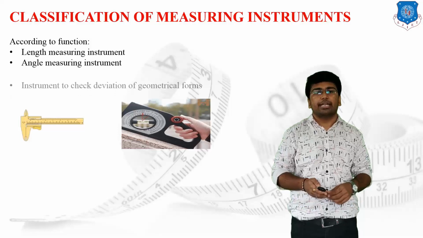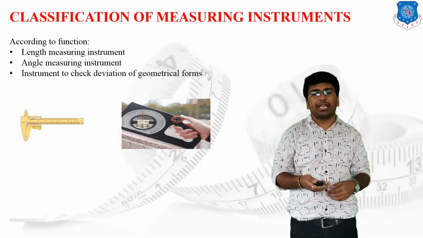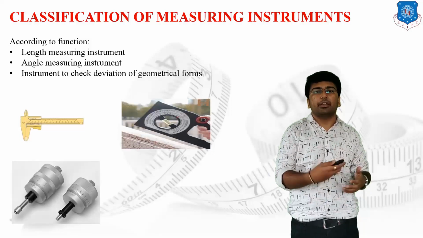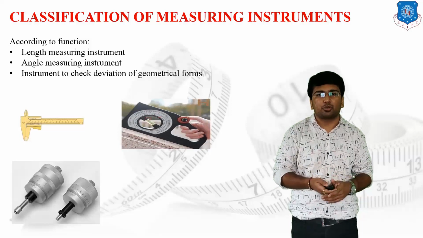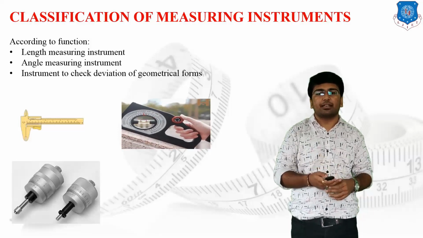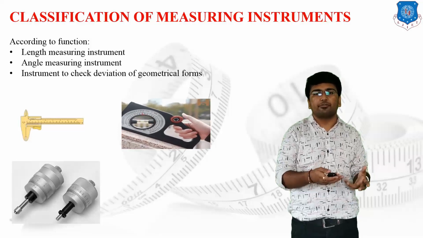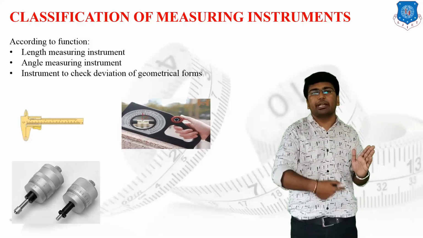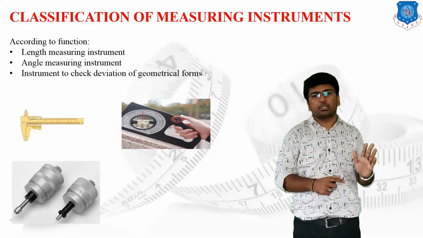Then the third category is the instrument which is useful to check the deviation of geometric forms. If we have to check the geometric form of a given workpiece, then we use such kind of instrument. On the screen you can see such an instrument, which is very useful for measuring the deviation of geometrical form. Suppose I have to make a cylindrical bore inside a cylinder.